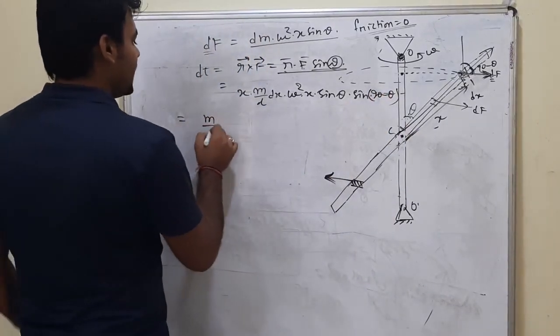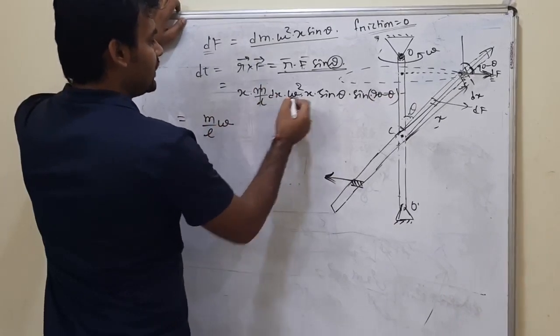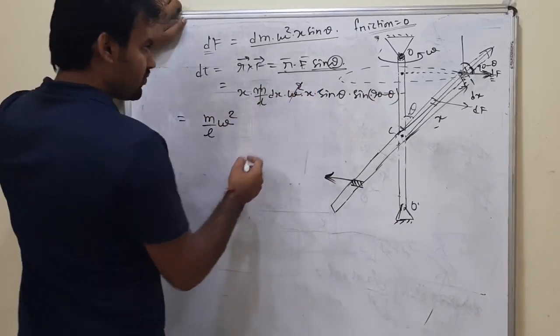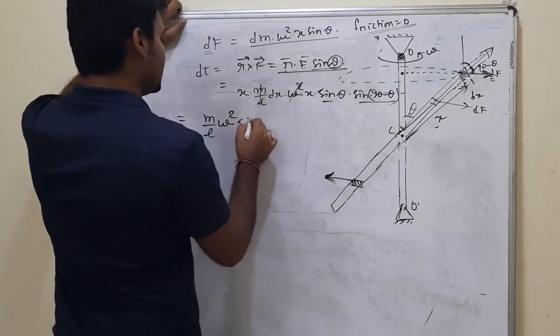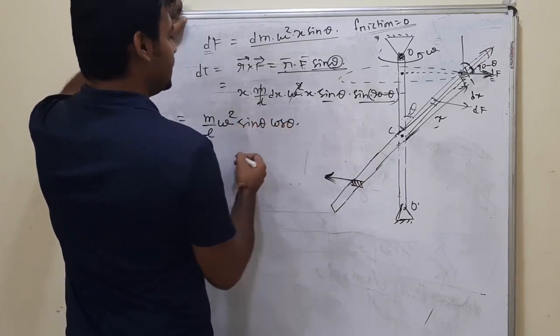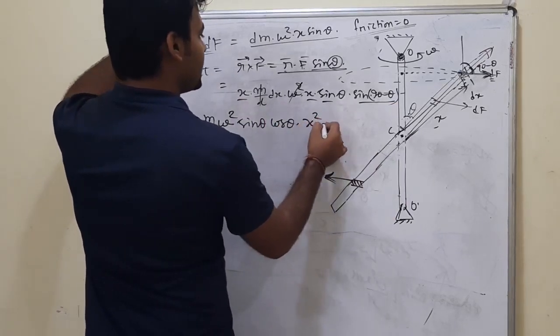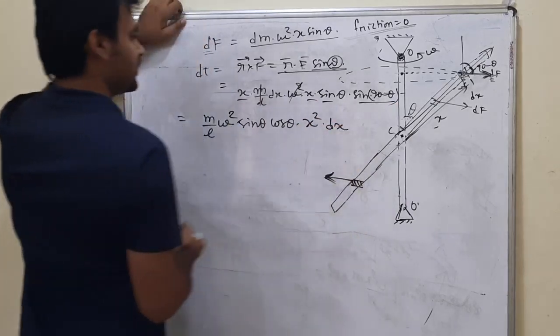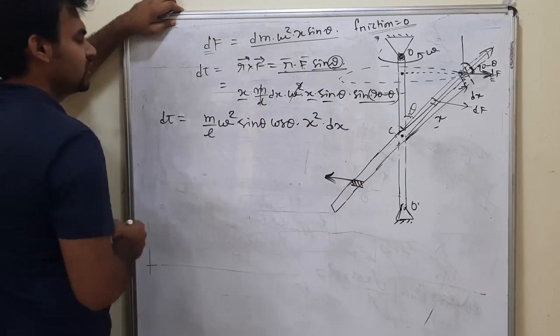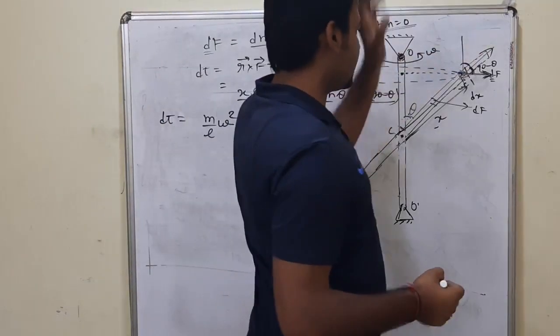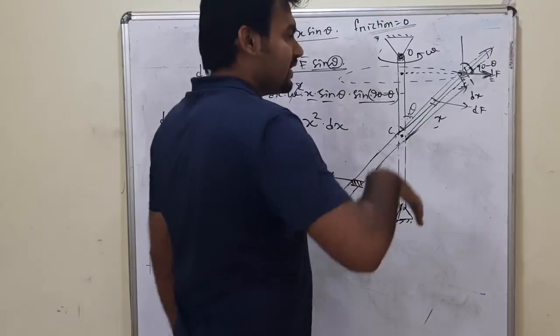So it is m by l into omega square into sin theta and cos theta. Sin theta, cos theta, and here it is x and x, that will be x square, then dx. Okay, so this is the torque acting on the element, and we can see on each and every element of the rod torque is acting in the same direction.